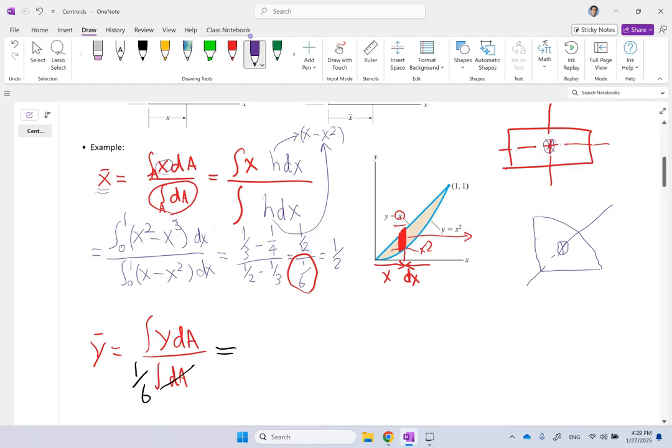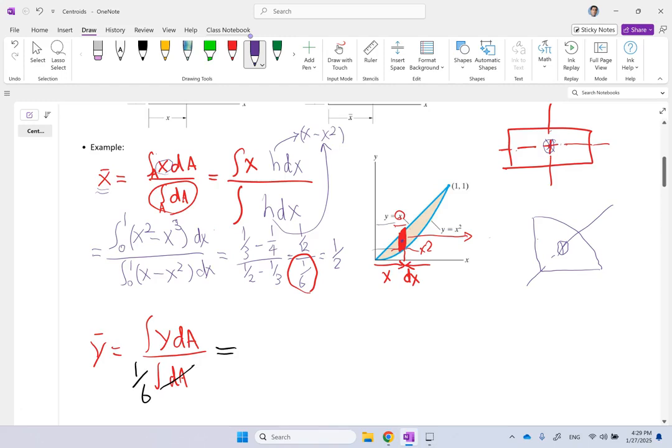So can I say I can squeeze that element into a single point right here in the middle of it, because that's a rectangle. So I can say the dA of this element, I can squeeze it into one point right in the middle of these two y's, the y of the top and the y of the bottom, and I can consider it there.